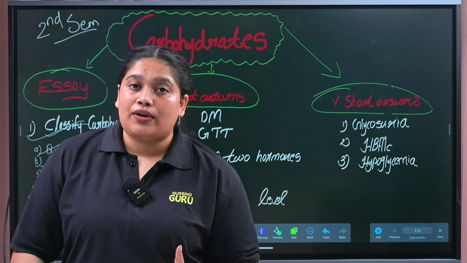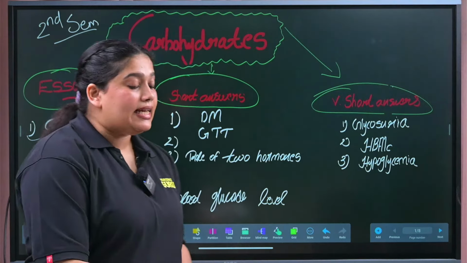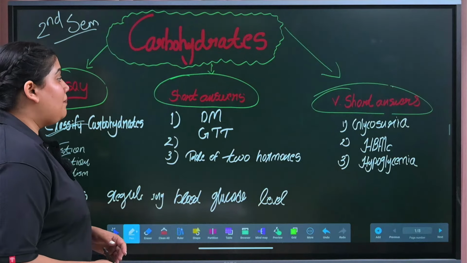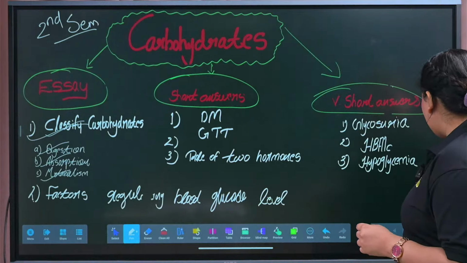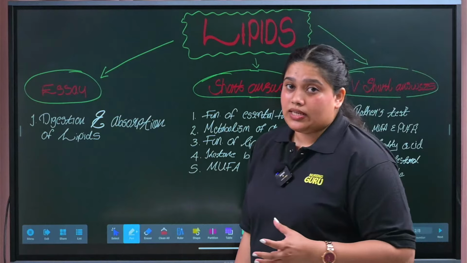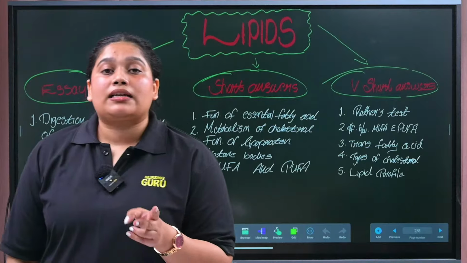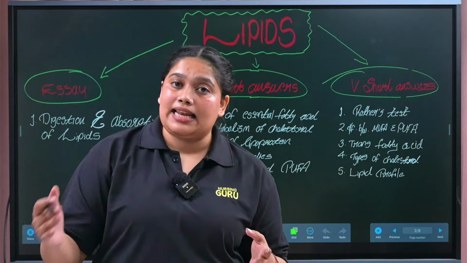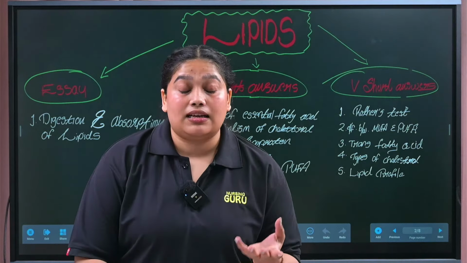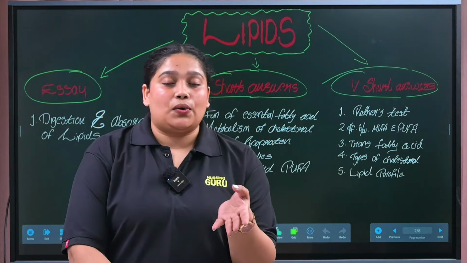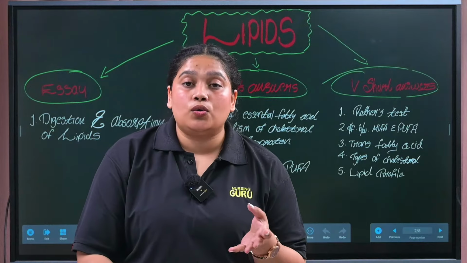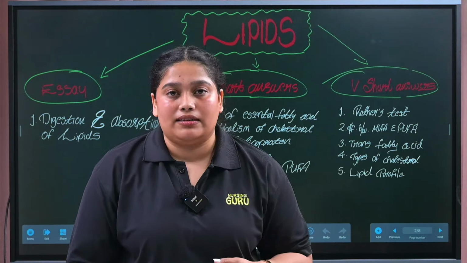There are two factors regulating the blood glucose level: first one is insulin, second one is glucagon. Both these factors you have to write in elaboration: how insulin is acting on blood regulation, and how glucagon is affecting blood regulation.